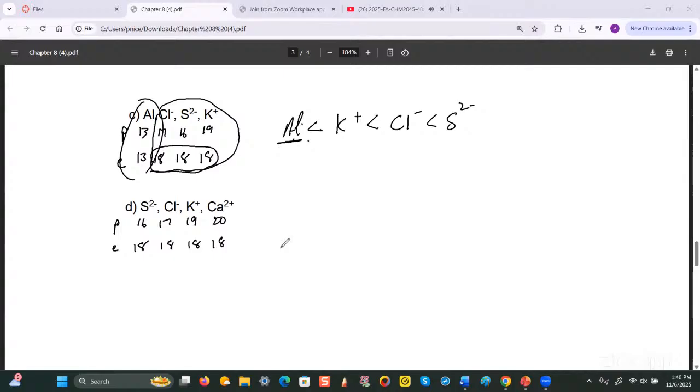Right? So which would you expect to have the smallest radius? They're all isoelectronic. They all have the same number of electrons, but the number of protons are different. And remember, in an isoelectronic series, the greater the number of protons, the smaller would be the size of the atom, right? So based on that, which one would you expect to be the smallest?